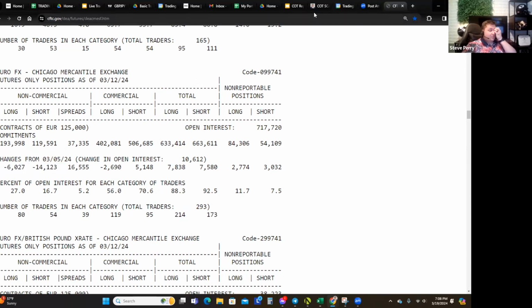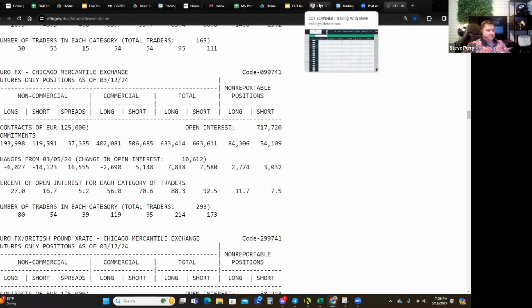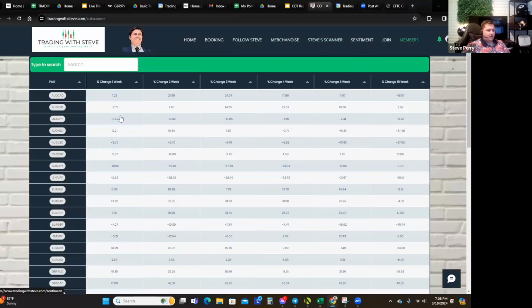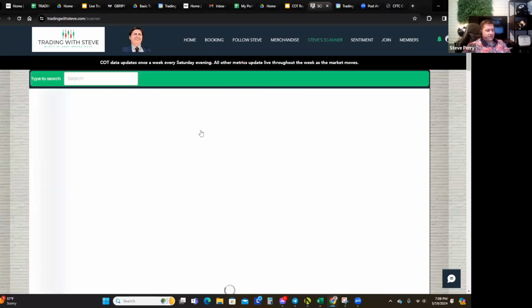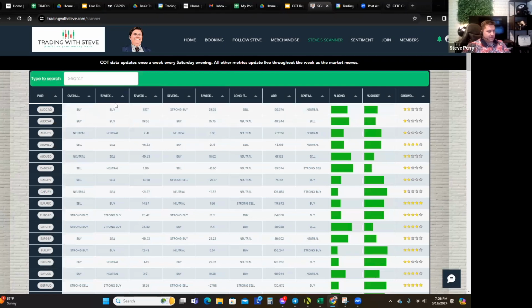And then we built it into the COT scanner here and the Steve scanner, right? Steve scanner is kind of the scanner that we have. Obviously, this is the world renowned Steve scanner. But I wanted to make sure everybody knows how to use this.